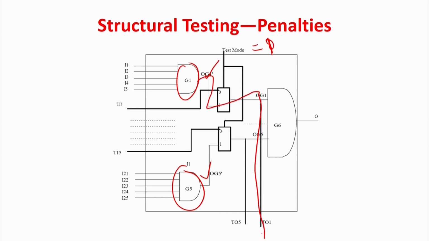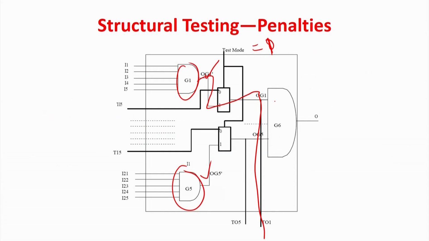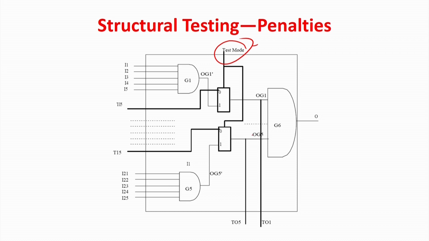So by having multiplexing arrangements, we can also observe the internal lines, because as I told you, you cannot have an infinite number of probes. But still I require many probe outs: I have an extra pin for this, two lines I have to observe, so I have to bring two extra lines out of the chip, and again two lines for the inputs of this gate.